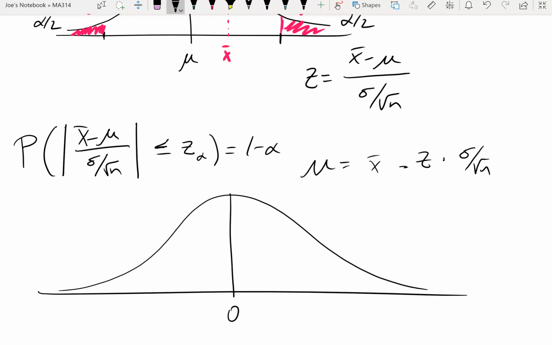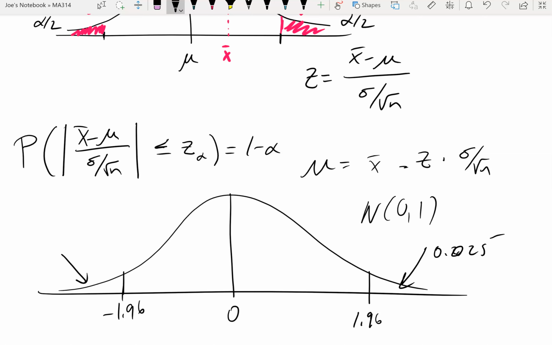Let's say that this is standard normal. All right, so let's say that this red thing that I've colored in here totals up to 5%, 0.05.